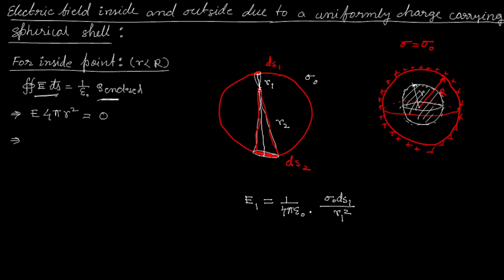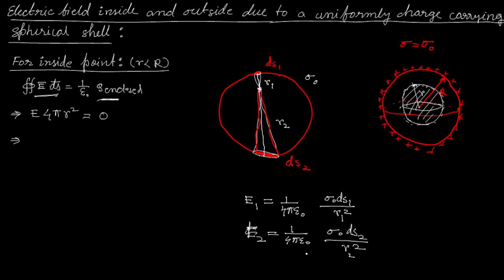And in the same way, if I want to calculate electric field at this point because of the second elementary area ds2, and this electric field is E2, then what will be the magnitude of E2? It will be 1 by 4 pi epsilon naught, then sigma naught, then this area ds2, and the distance of this area from the point where we want to calculate electric field, that is r2, so r2 square.